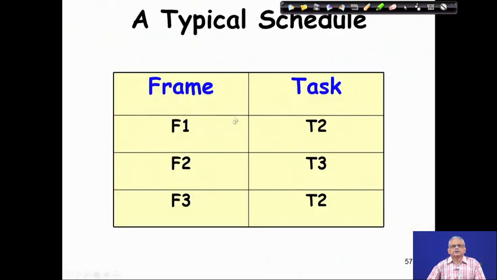So, a typical schedule table would look like the different frames and the tasks that are to be executed. Of course, we have shown this for our understanding, but in a real schedule table we need not write the frame number, etc. We just store the sequence in which the tasks are to be executed.